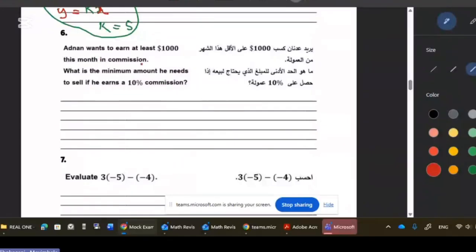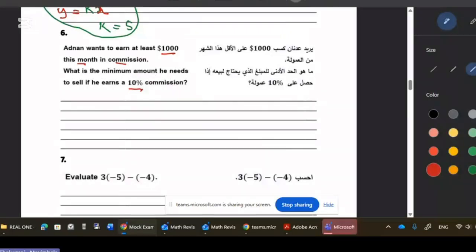Adnan wants to earn at least 1,000 this month in commission. What is the amount he needs to sell if he earns 10% commission? I remember we spoke about this some time ago in your classes. And we said, if this is what he wants to earn, so we can also again do a proportion.